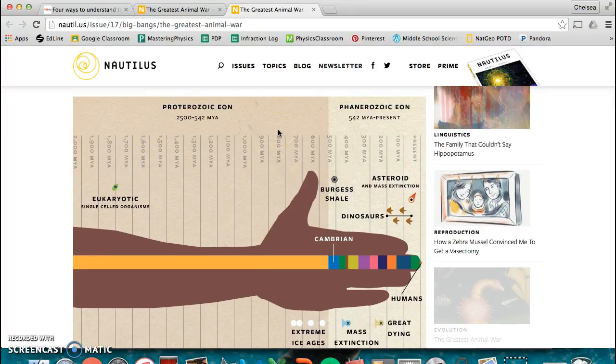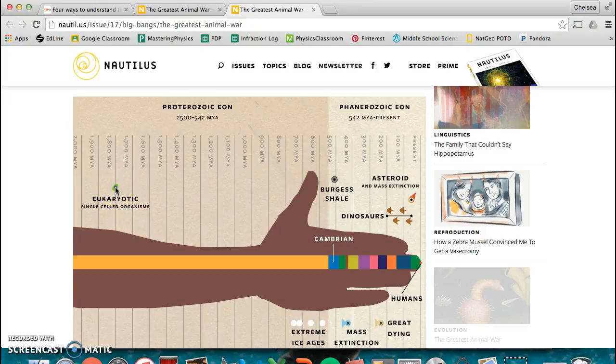Remember, our planet is about 4.6 billion years old. It took about 1 billion years for any life at all to form. That life was simple prokaryotic cells, and it took about another billion years for eukaryotic celled organisms to form.